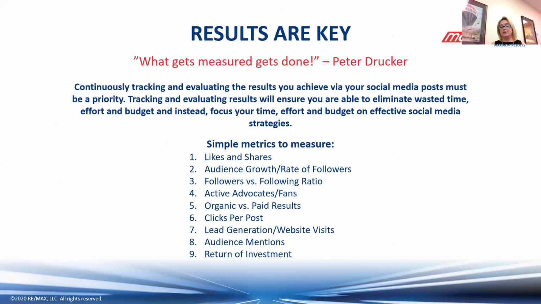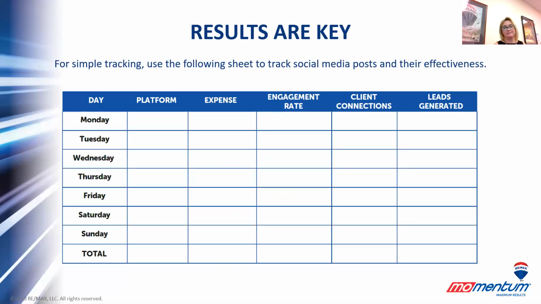Clicks per post, lead generation, website visits, audience mentions, return on investment. So for simple tracking, you can use the sheet below to track social media posts and their effectiveness.